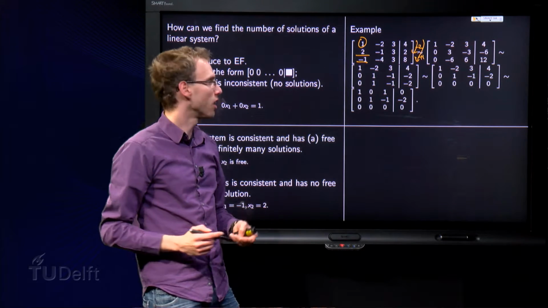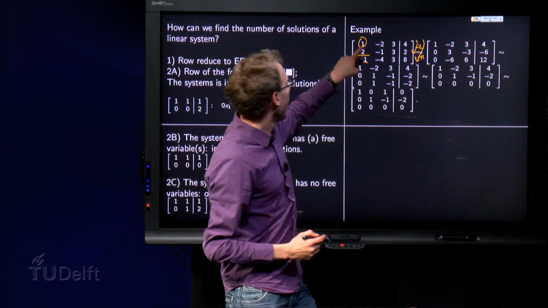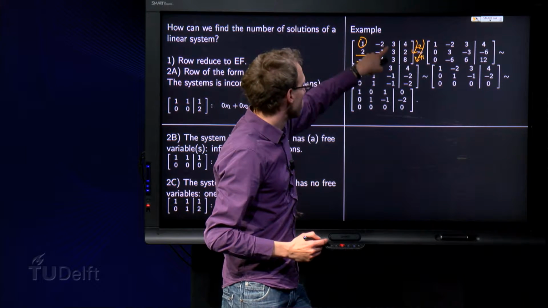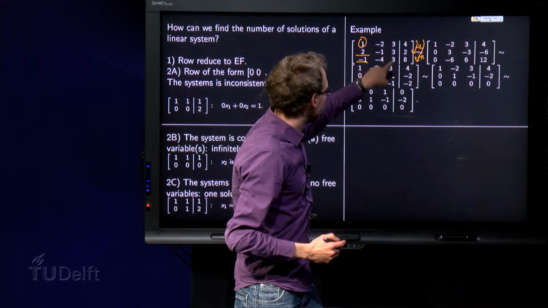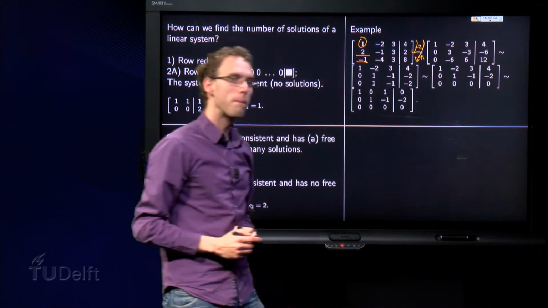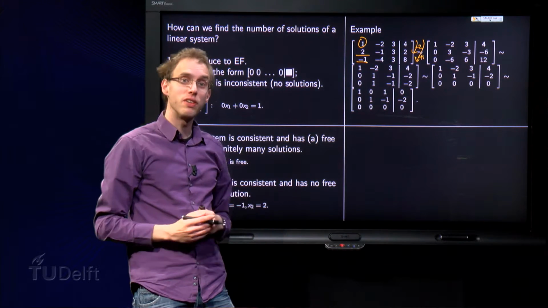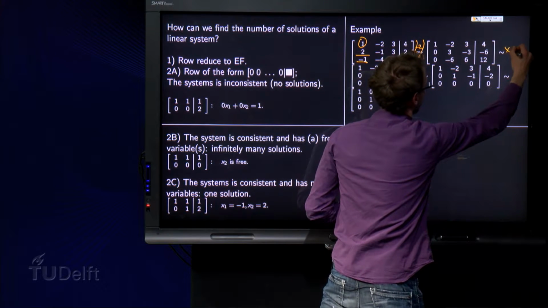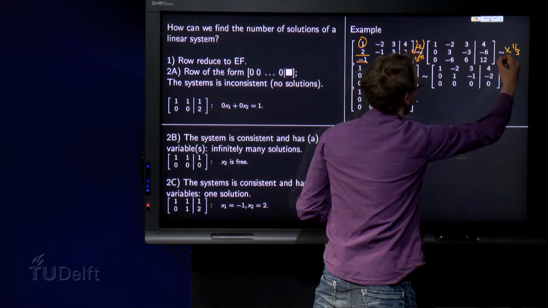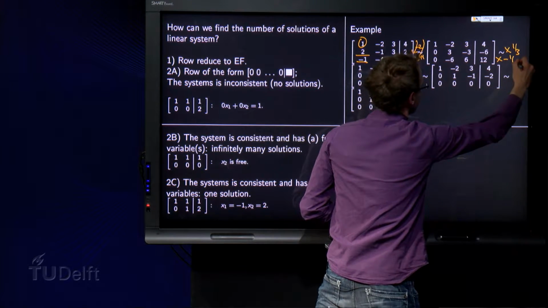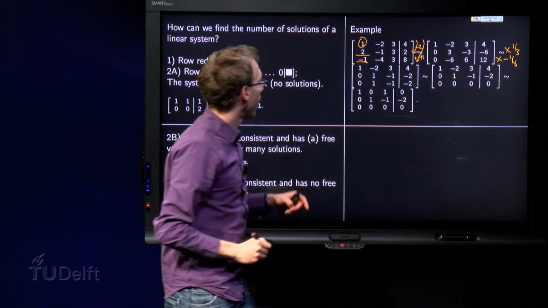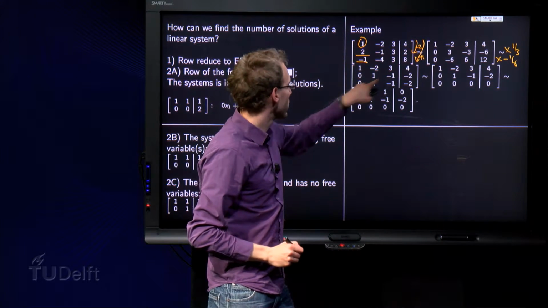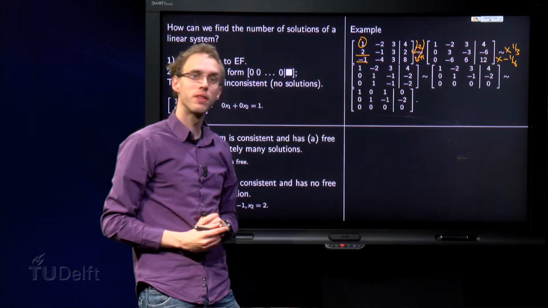That becomes the second row, and the third row, add the first row to the third one, 0, minus 2, 6, sorry, minus 6, 6, and 12. There we are. And then we see that we can simplify a bit by multiplying this one with 1/3, this one with minus 1/6, and then we find, copy the first line, 0, 1, minus 1, minus 2, 0, 1, minus 1, minus 2.